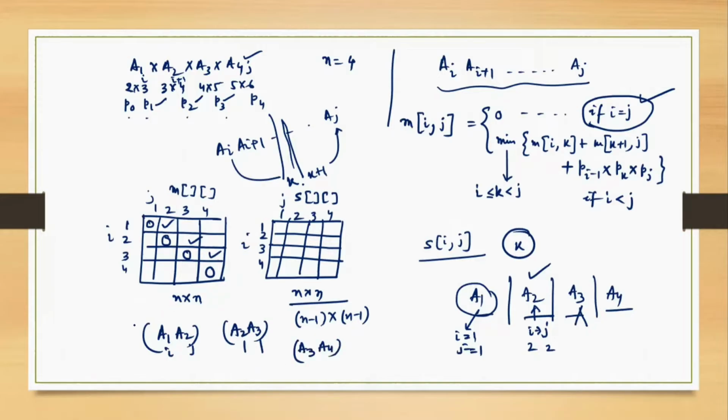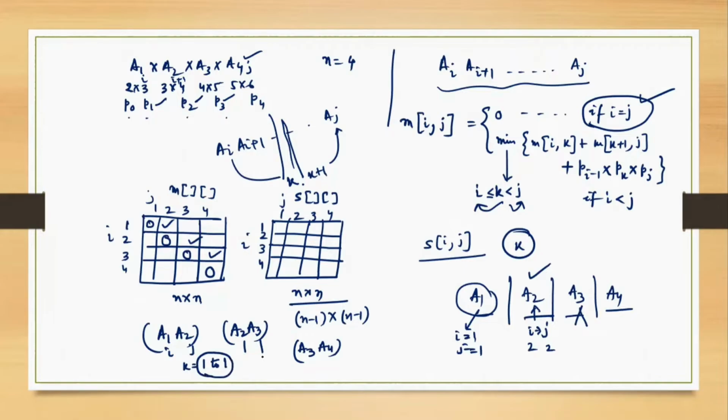And the formula says M of I to K plus M of K plus 1 to J plus P of I minus 1 into P of K into P of J, and K starts from I and ends at J minus 1. So here I is 1, J is 2. So K starts from I, that is 1, and ends at J minus 1, that is 2 minus 1, that is 1. So 1 to 1, K has the single value here.